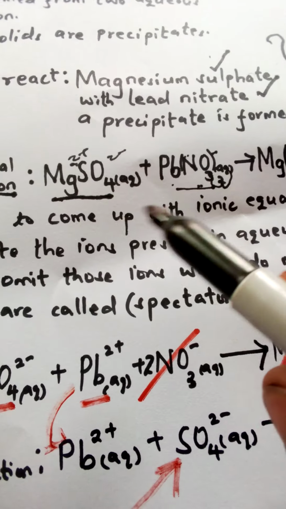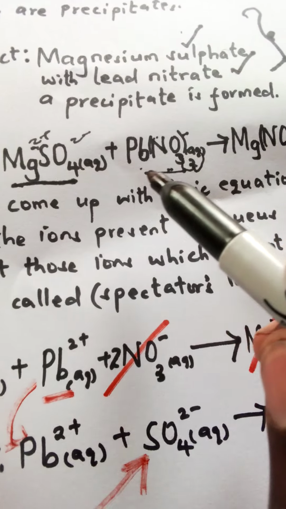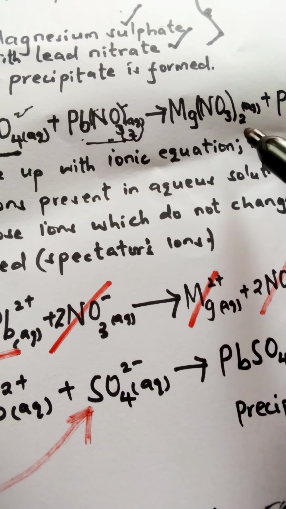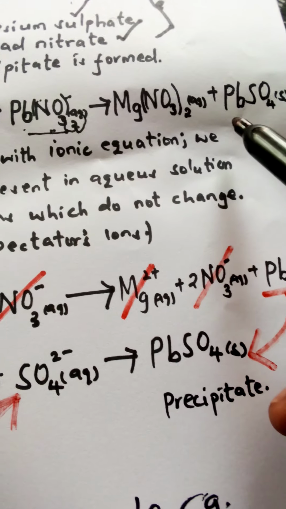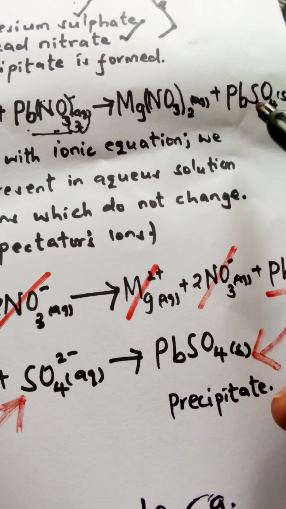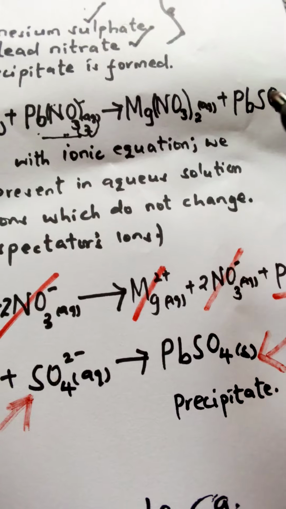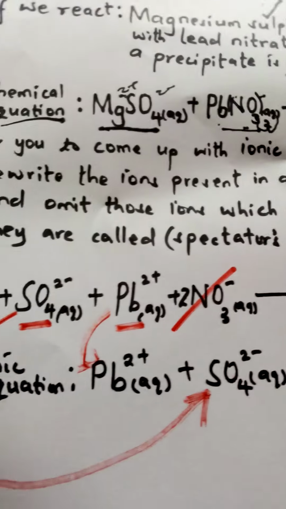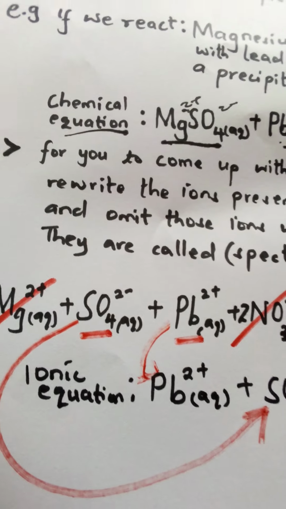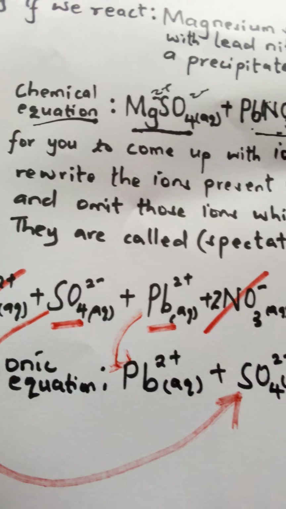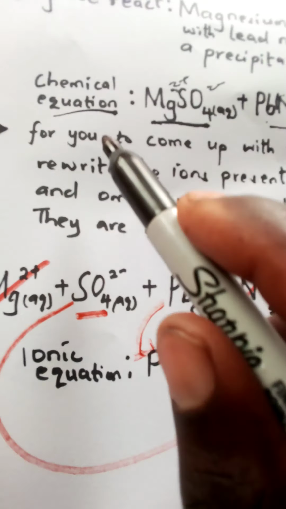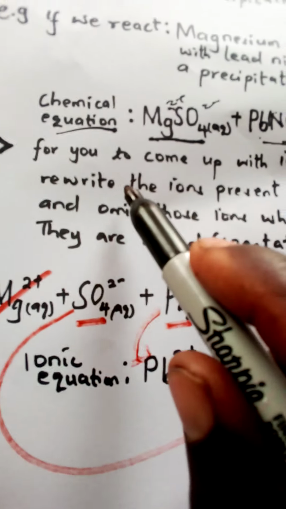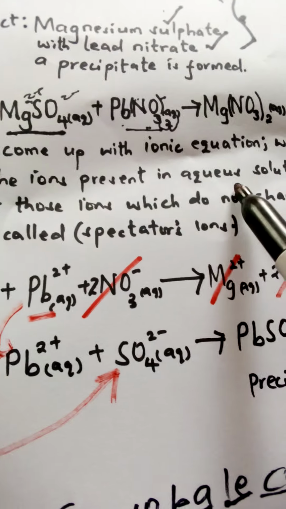So if we react magnesium sulfate with lead nitrate, we obtain magnesium nitrate, which is a solution, and lead sulfate, which is a solid. So we have a precipitate, that is solid lead sulfate, which precipitates out after the reaction. So how are you going to obtain an ionic equation? For you to come up with an ionic equation, we rewrite the ions present in aqueous solution.